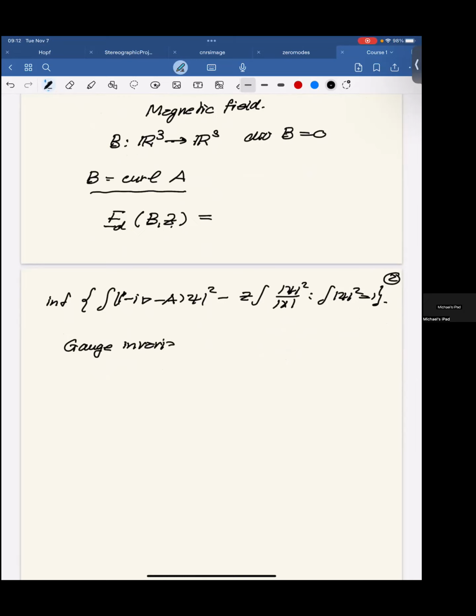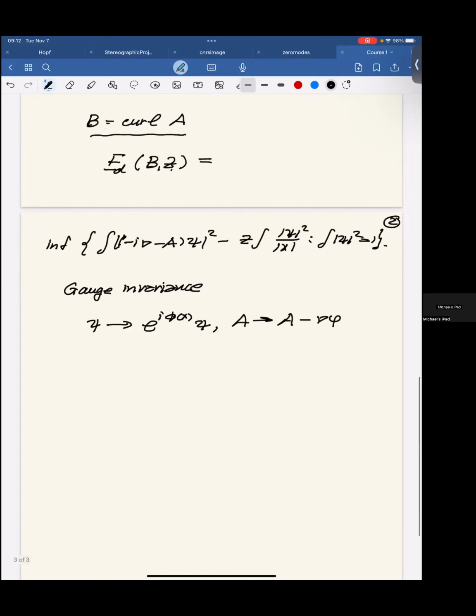What it says is, if you change psi into e to the i phi times psi, and phi can be dependent on x, of course, and A into A minus grad phi, you do not change the energy. And you see it's pretty clear, because the A gets changed by this gradient, that gradient gets picked up again from this term, and they cancel out. So this is what is called gauge invariance. You see also that the potential energy doesn't change, and of course the normalization doesn't change either.